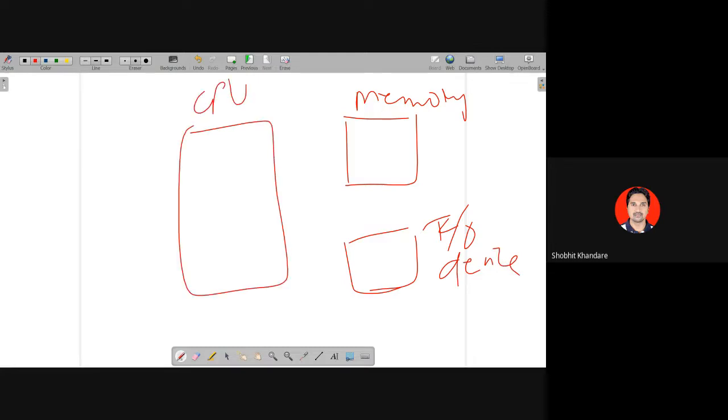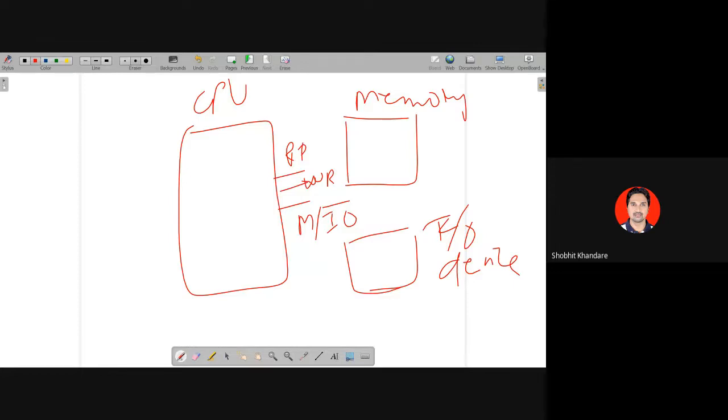So the control buses are 1, 2 and 3. This is RD, this is WR, and this is M/IO. To be more specific, look what I am writing: M/IO bar.